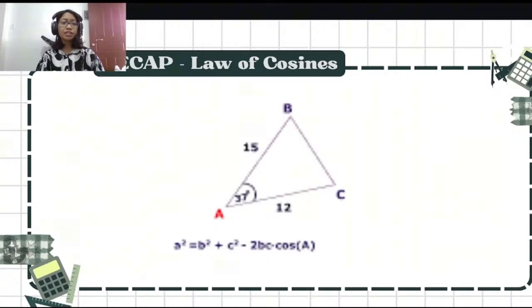We apply this formula when we are given two sides and the included angle, or when the triangle does not satisfy the conditions for basic trigonometric ratios.